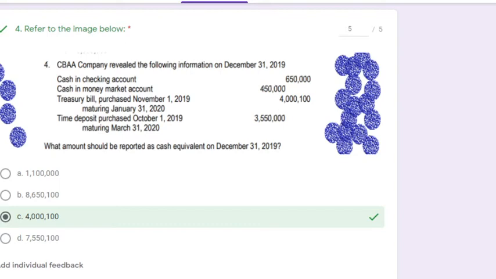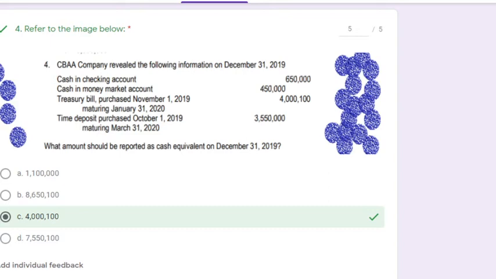So, unahin natin yung treasury bill. Before we go to treasury bill, di ba ang sabi on cash equivalent, ang lagi mong titingnan is the acquisition date. It must be 3 months before the date of maturity. So, laging dun ka sa purchase date or acquisition date.